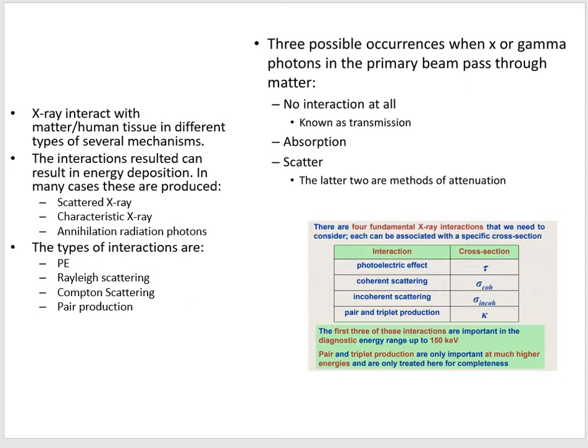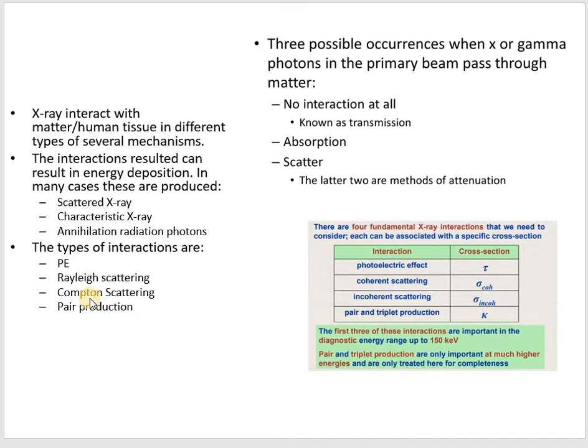Second, there will be an absorption. Part of the energy is transferred. Absorption is when the total energy is absorbed by the electrons, and a little energy is needed to overcome the binding energy.